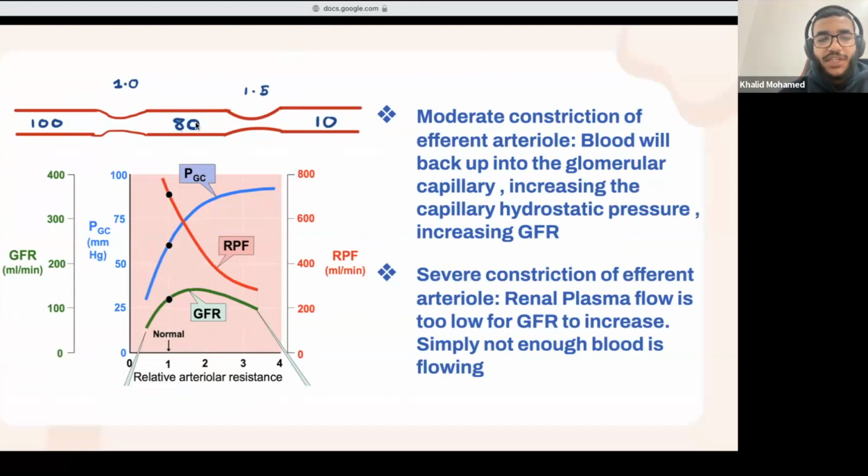If we increase the hydrostatic pressure in the glomerular capillary, what happens to GFR? Okay, it will increase, okay?